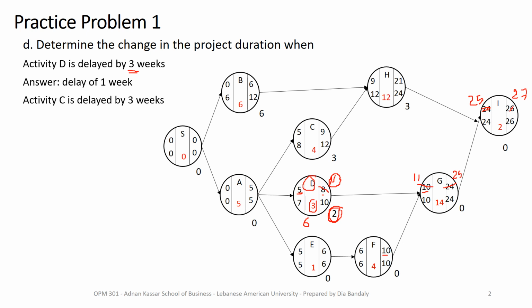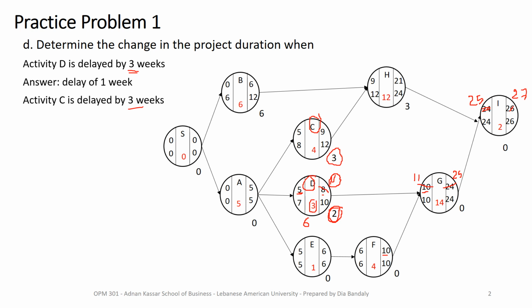What happens to the project when activity C is delayed by 3 weeks? Okay, now activity C is delayed by 3 weeks. We go to activity C and we see that it has a slack time of 3 weeks. So there's no problem at all, right? Because I'm delaying activity C exactly by the slack time, so nothing will happen. Again, let's verify.